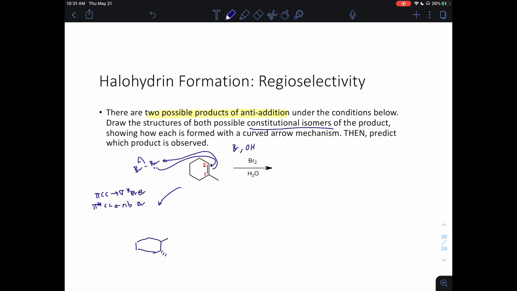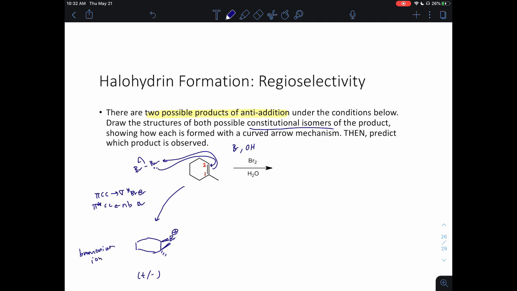The bromonium ion can form on the top face, which is what I'm going to show here today, or it can form on the bottom face. Either way, I'm going to put a plus minus because that bromonium ion is chiral and both enantiomers exist.